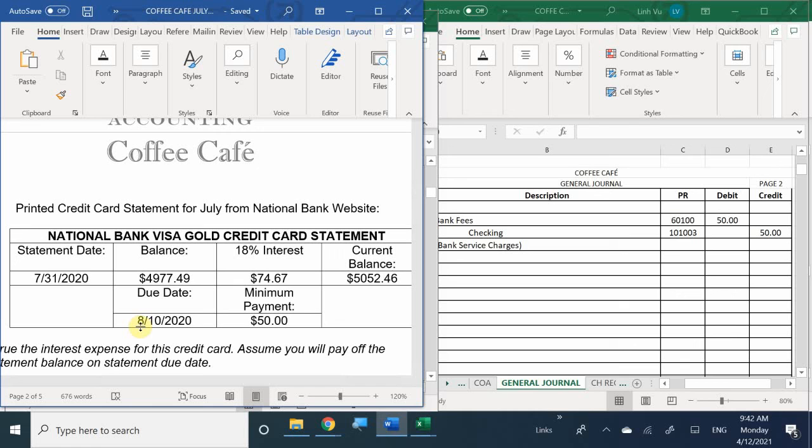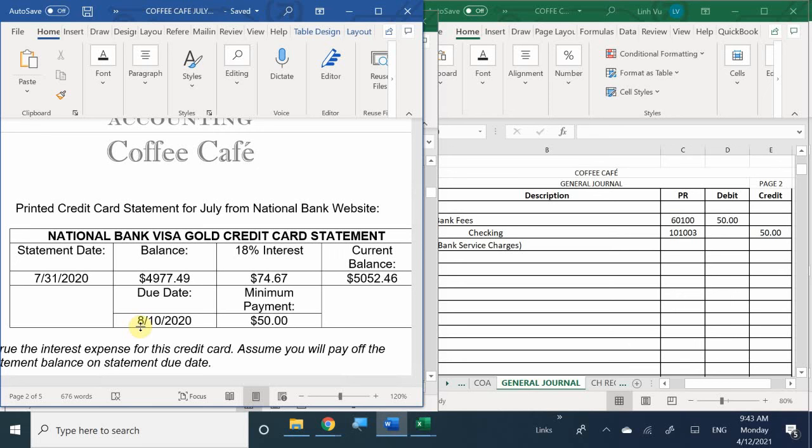This bill is due on the 10th of August. Now, typically, most statements, they usually send it to you at least a couple days in advance, and they give you extra time to pay it off. But also, you should be able to have access to your credit card statement at any given time. It's going to automatically charge you the interest.